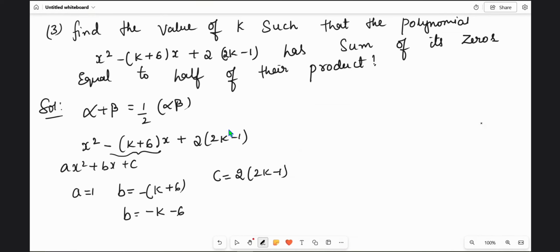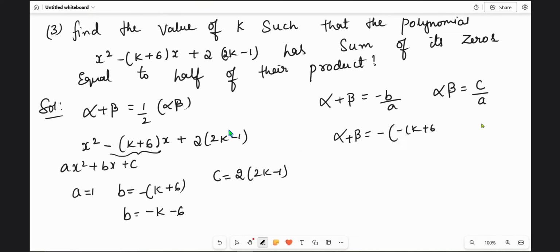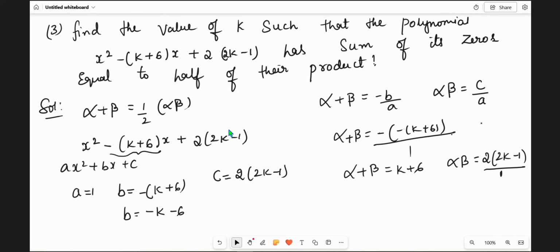Okay. Now alpha plus beta is equal to minus b by a, correct? And alpha into beta is equal to c by a. Alpha plus beta is equal to minus of this thing, minus of minus (k plus 6), by a which is 1. So alpha plus beta is equal to minus into minus, plus k plus 6. And alpha into beta is equal to c by a, 2 of (2k minus 1) by 1.